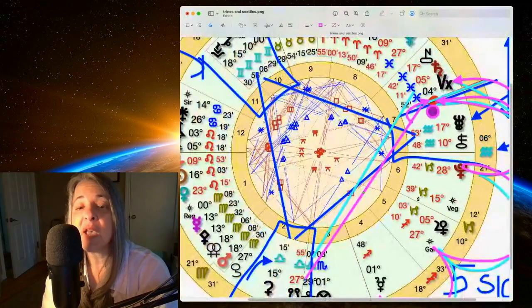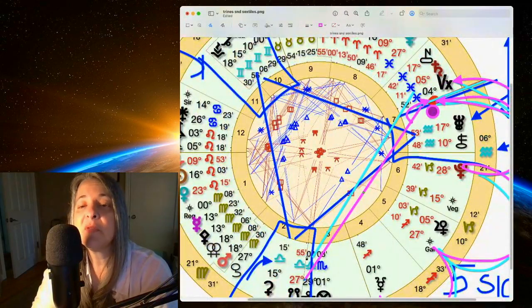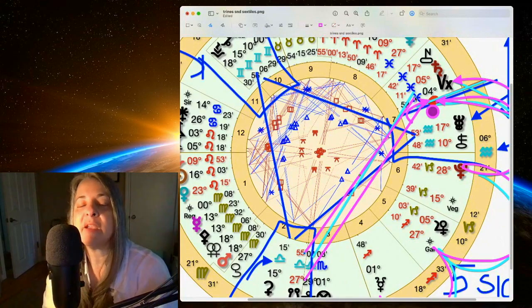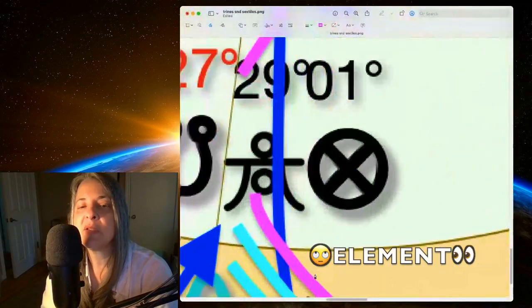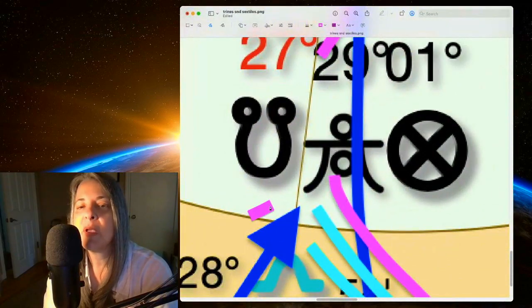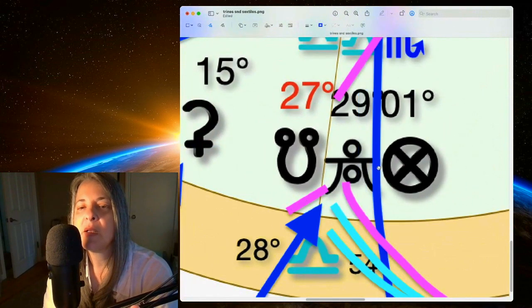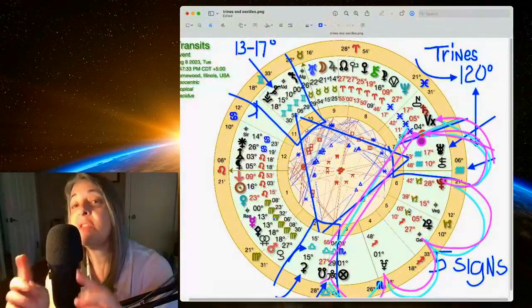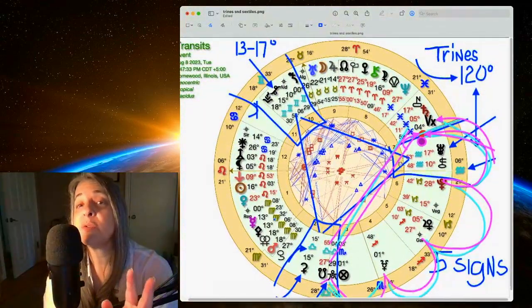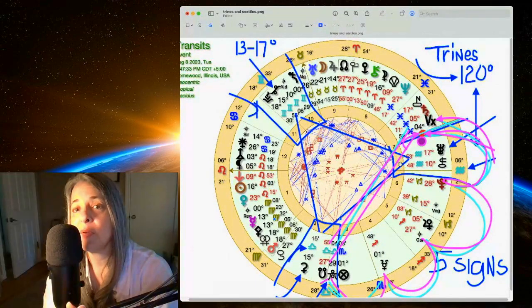And vertex, using an orb of 5 degrees, is also part of an out of sign trine with this Humea. It looks like that little stick figure there. That's Humea right there. It's a bit pixelated. Yep, that's Humea. So you see, she's at 29, which is why understanding the degrees and the rules for those degrees are really important. Okay.